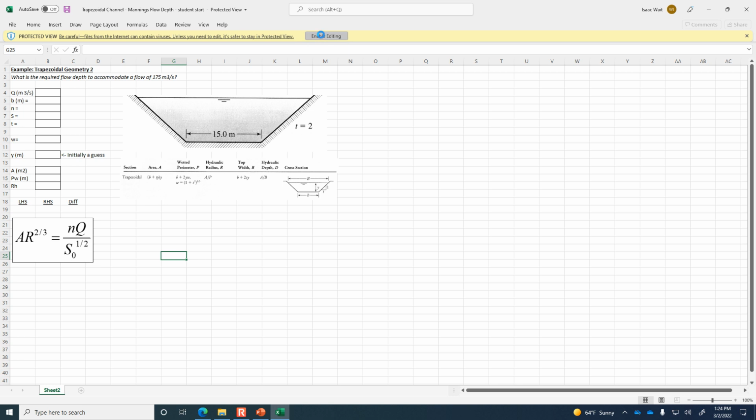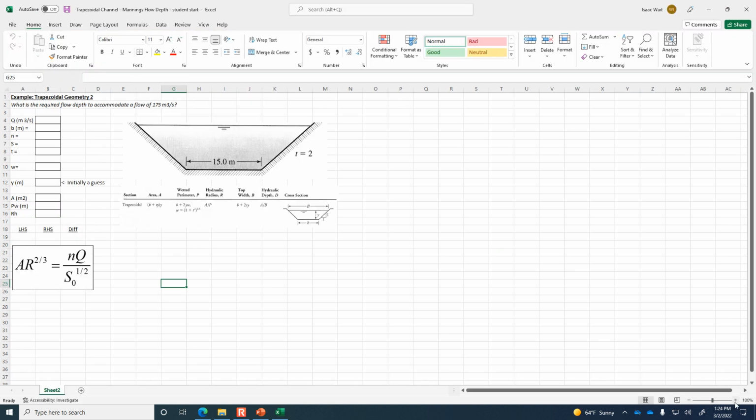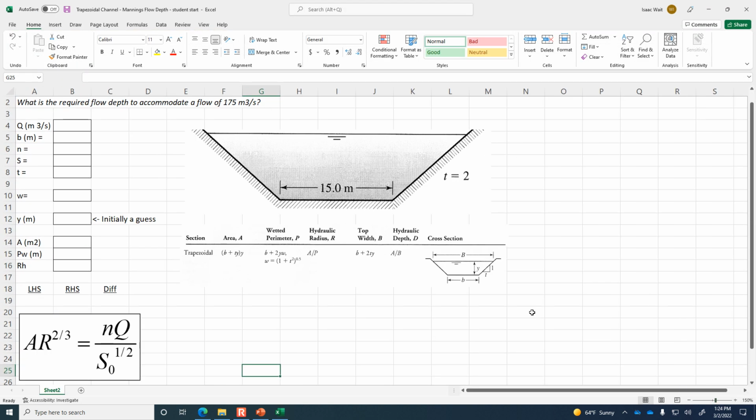All right, so the template just has a sketch of what the cross section looks like. It's got 2-to-1 side slopes, where t equals 2 means that for every 1 unit of vertical elevation change, there's 2 units of horizontal distance on the side slope.